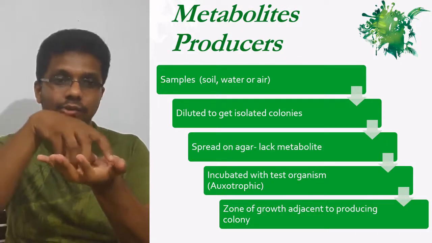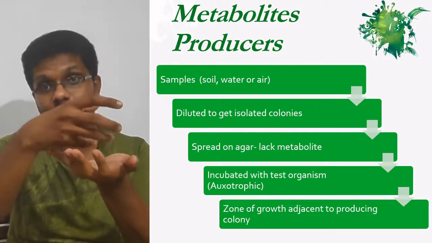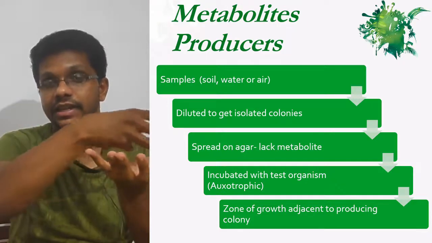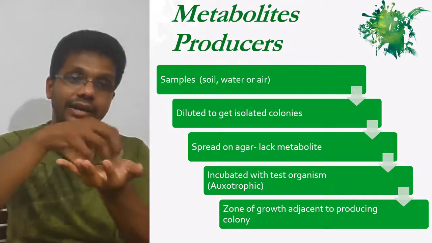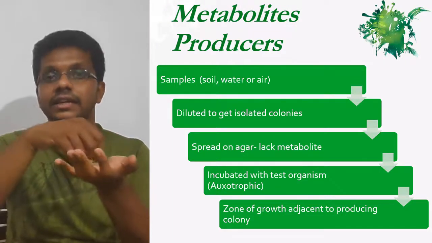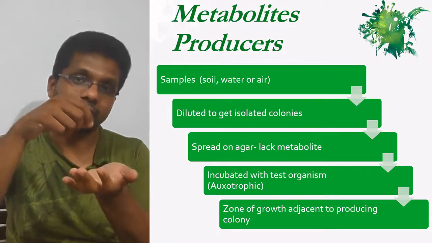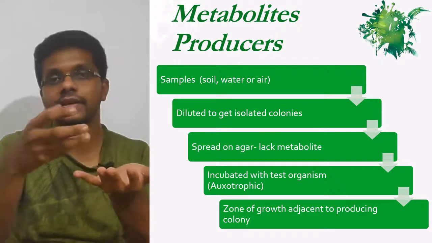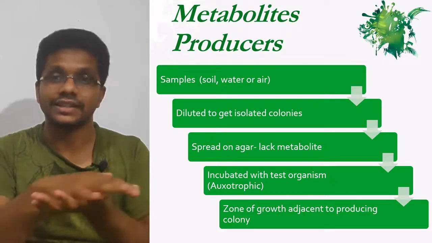In the surrounding medium, we have another microorganism which needs that nutrient. If the indicator organism or test organism is growing around that colony, it means that the organism at the center of this colony is producing some metabolite useful for the test organism.